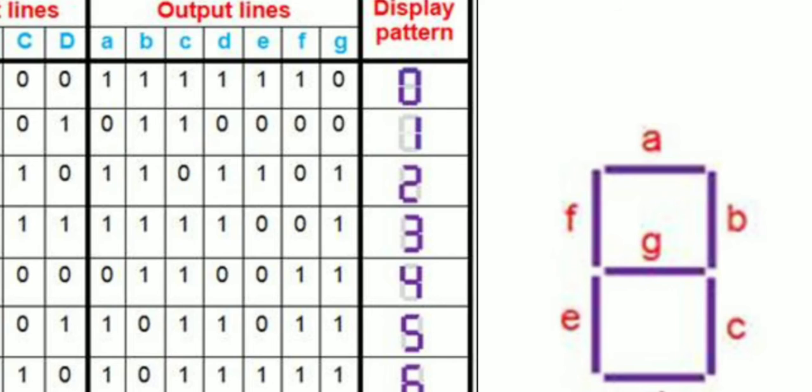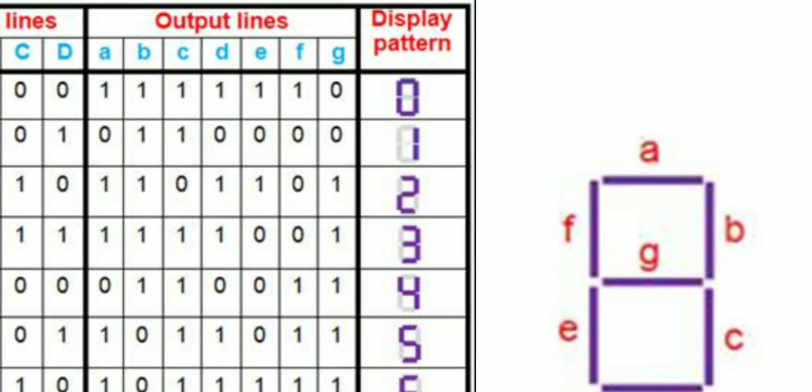So we write 1 in A, B, C, D, E and F and we write 0 in G. You can see the output of the first one is 1, 1, 1, 1, 1, 1 and last G is 0 because we don't have to turn on the LED G to represent 0.